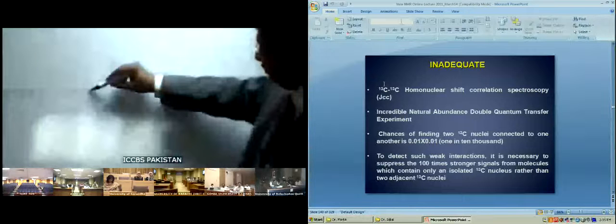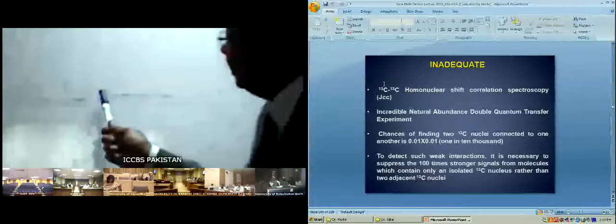And if I tell you that I want to delete this and I just want to see this, what do you need to do? I don't want to see the big peak, the isolated C13. I just want to see the satellite peak, or coupled peak, for a situation in which we have carbon-13 next to a carbon-13. What would you do?